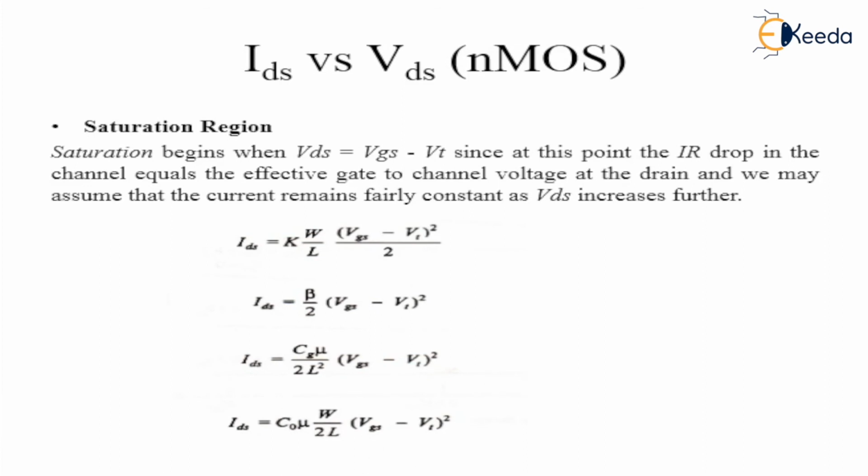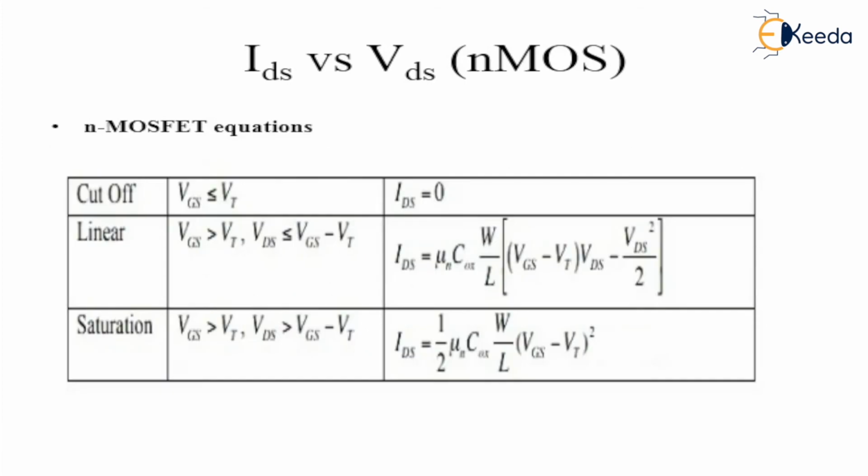Now let us discuss some comparison of N-channel MOSFET regions of operation in equation modes. When VGS is less than or equal to threshold voltage, the transistor will be in cutoff state.